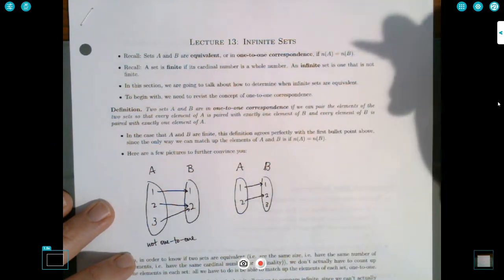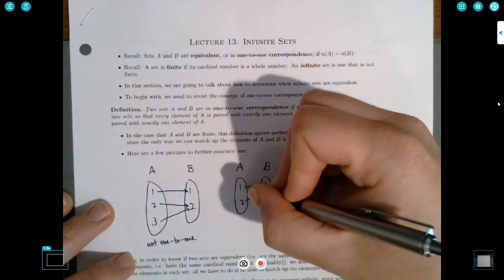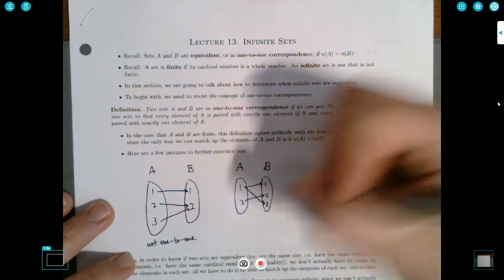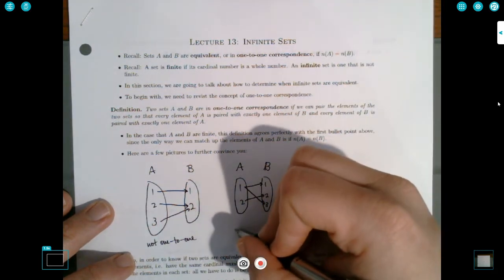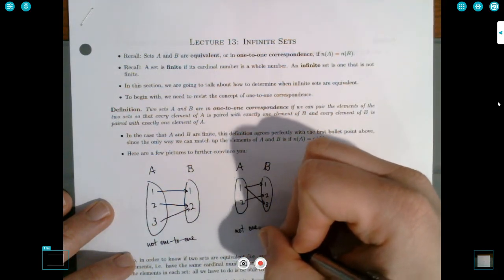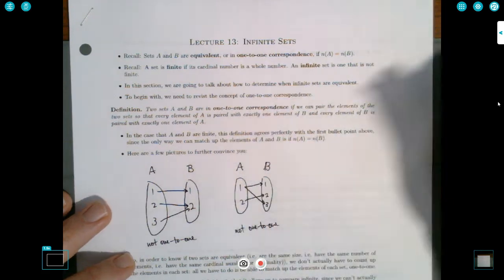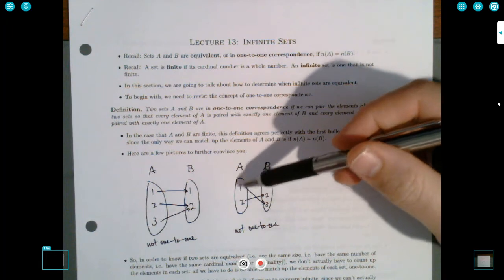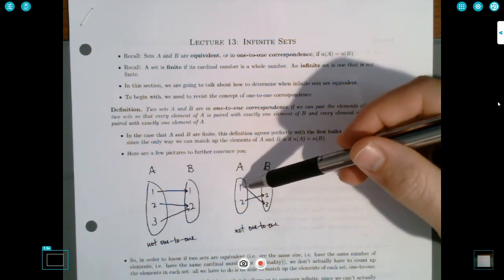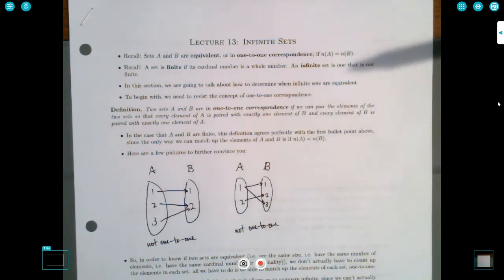We're leaving 3 out of the picture. You could say, well, maybe we can send 1 to 3 or something like that. And you could do that, but again, it would not be one-to-one. This is not a one-to-one correspondence because 1 here in A is being matched up to 2 different elements in B. So that's not a one-to-one correspondence.